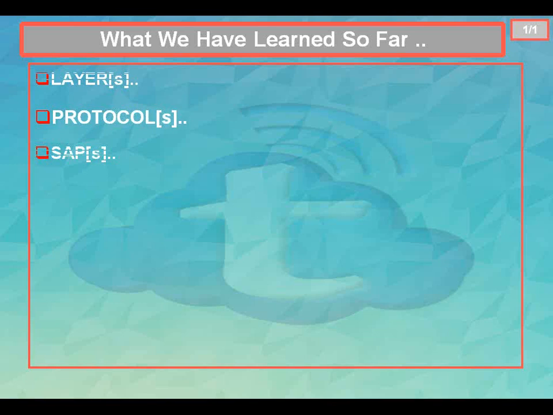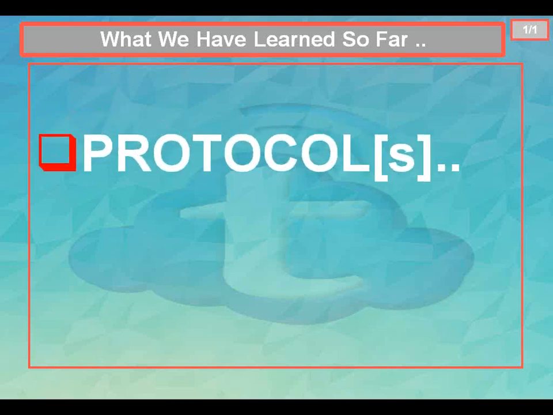But ultimately what we have to learn is not layers, not SAPs. We have to learn protocols. If you learn how protocols communicate with each other efficiently and achieve the functionality, we automatically understand layers and SAPs. That is obvious, right? You don't need to exclusively learn them.